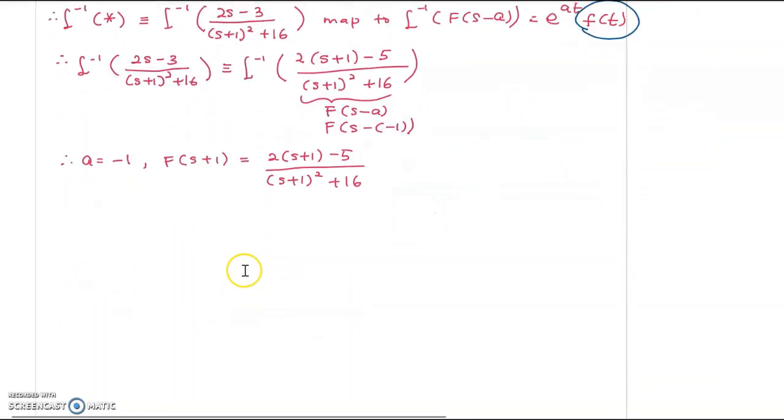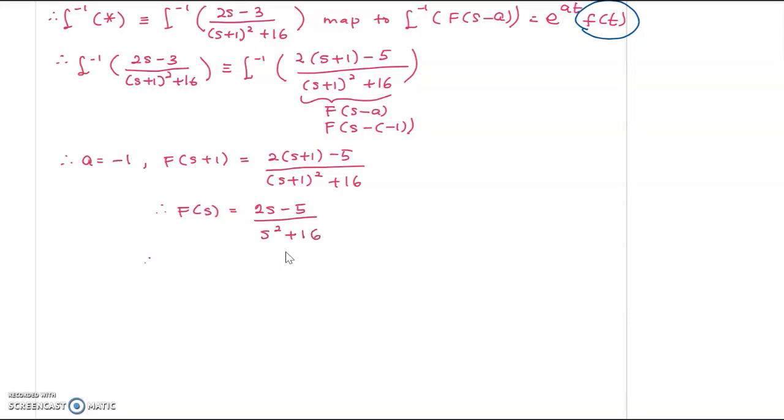Since we have F(s plus 1), therefore for F(s) only, we remove positive 1 at the left, and we also remove positive 1 at the right, so we have 2s minus 5 over s squared plus 16.